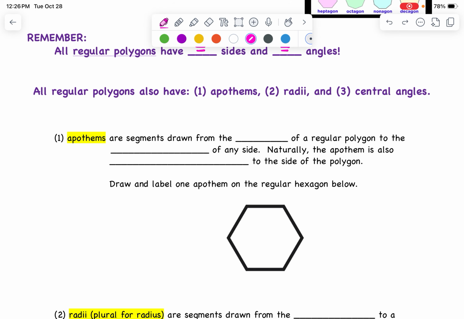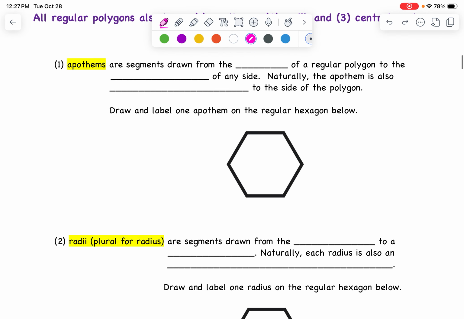So I've always called it an apophthegm, but if you want to call it an apothem, you are more than welcome to. A radius, so radii is plural for radius, and then a central angle. Okay, so all regular polygons have these 3 things. If it's not a regular polygon, then it doesn't have apothems, radii, or central angles.